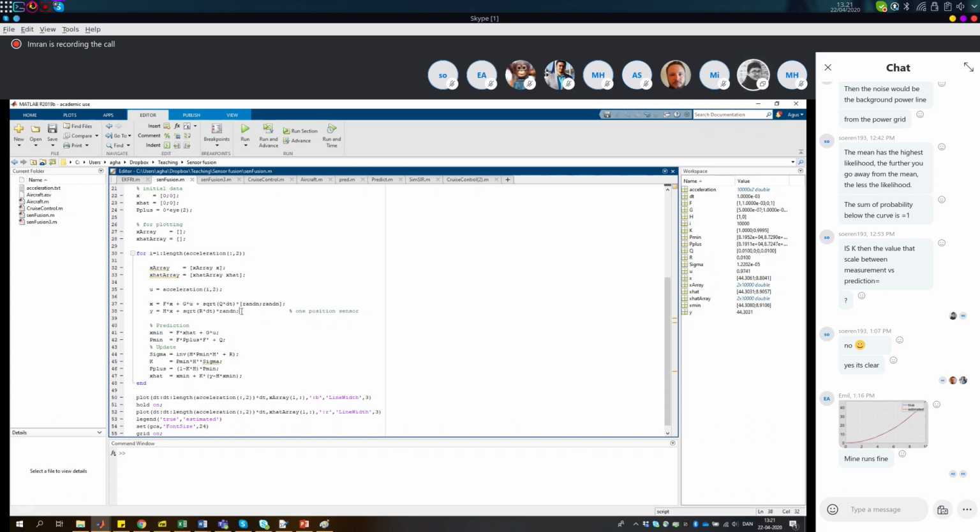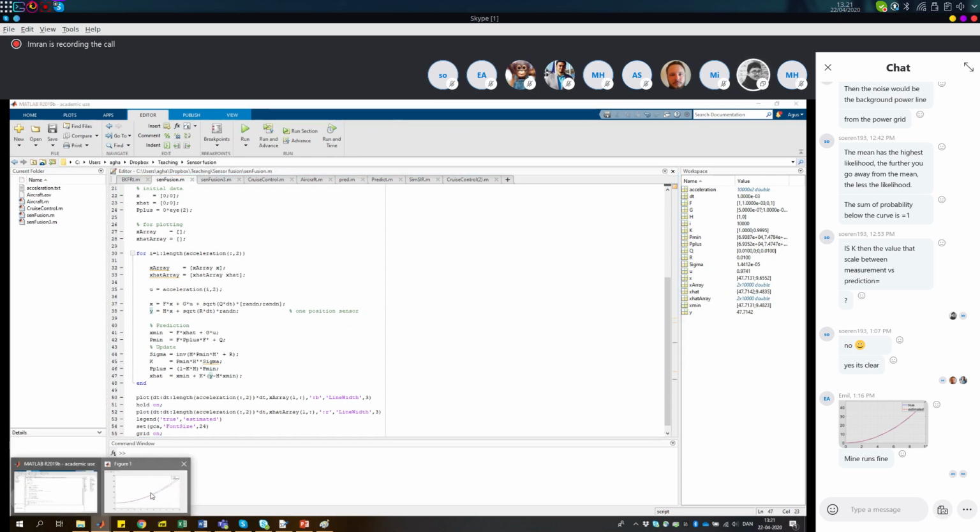Okay, so here what happens is that we calculate the Kalman gain in order to minimize the difference between your signal from GPS and your estimate from your Kalman filter here. And then you can see here that the estimate is quite accurate.